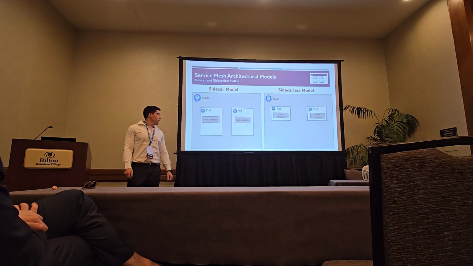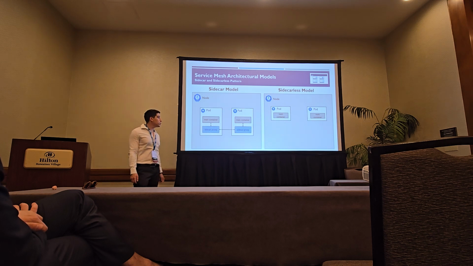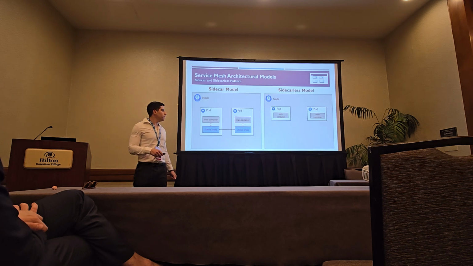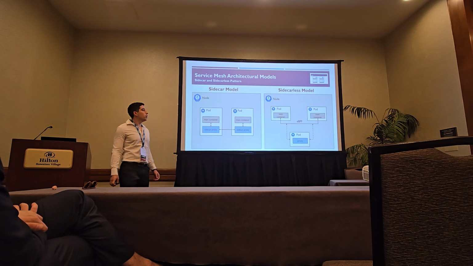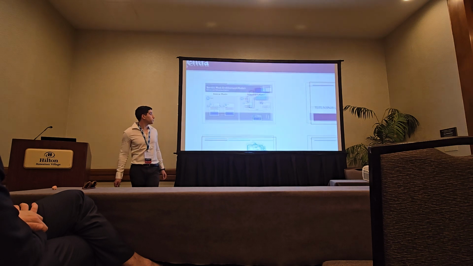In the sidecar model, the service mesh deploys a proxy for each pod, and the communication goes between these proxies. However, in the sidecarless model, we use eBPF, so they can deploy just one proxy for each node, even if you have many pods in the same node. Later in this talk, we'll try to understand how these different approaches affect the performance of these service meshes.